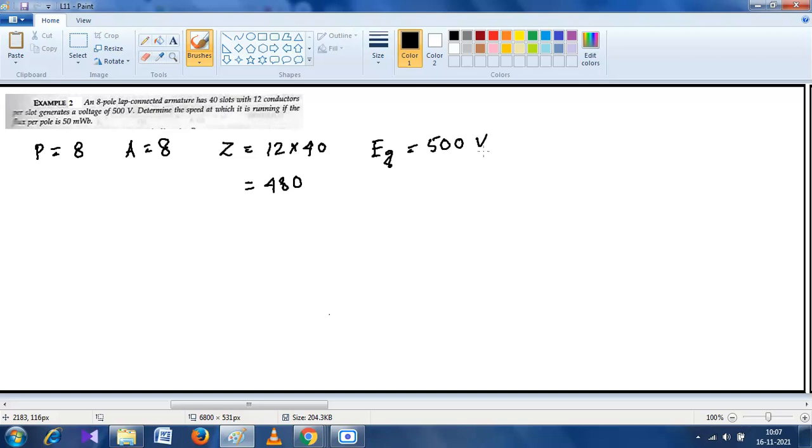Tell me which quantity is given. Phi. What is the value of phi? 50 milliweber. So we have to convert it into Weber: 50 into 10 to the power minus 3 Weber.